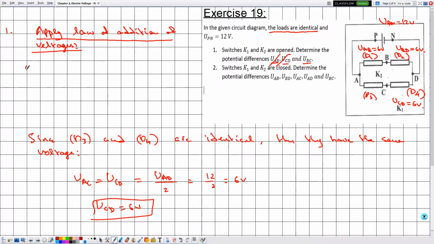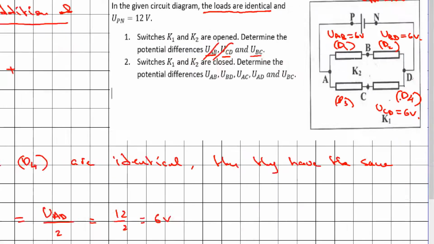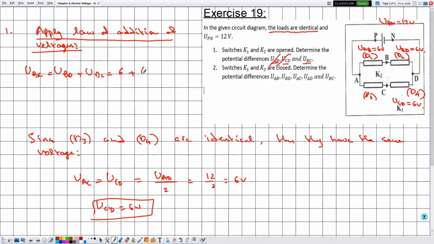We are interested in determining UBC, then from B we can go to D, and D back to C, knowing that UBD is already calculated, which is 6, and UDC, if UCD is equal to 6, then UDC is given by minus 6, so this is equal to 0 volts.